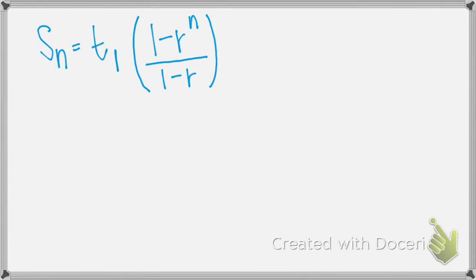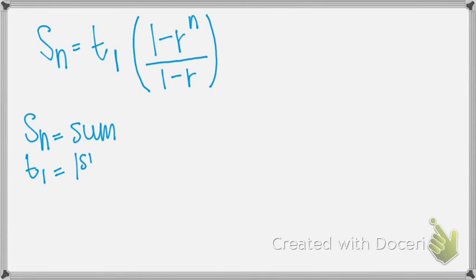All right, what do you think that S stands for? Sum, okay. T1, what term is that? First term. What do you think that R stands for? The ratio, the rate. And that n is the number of terms we're looking for. Okay, so let's write S_n equals sum.